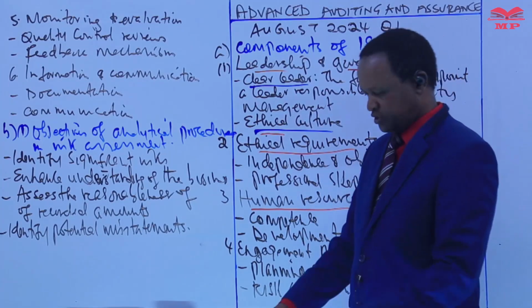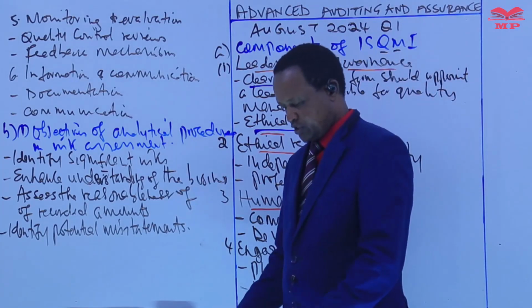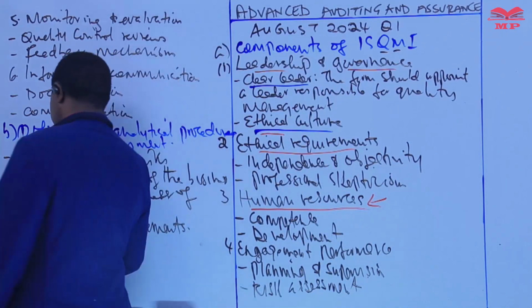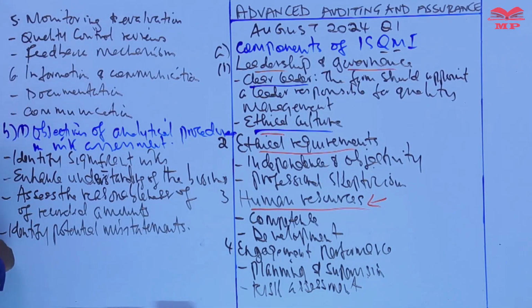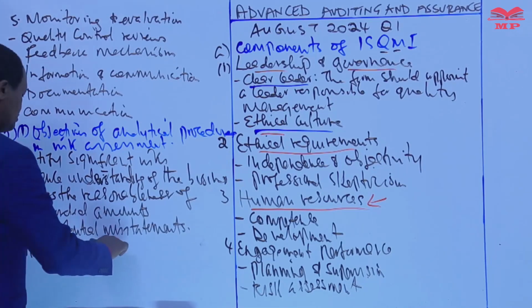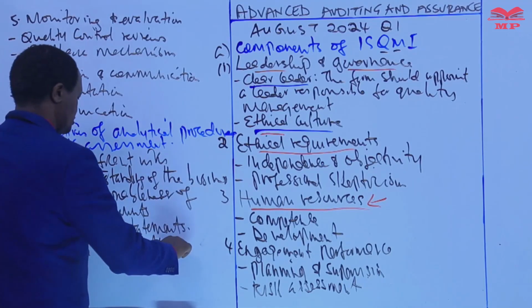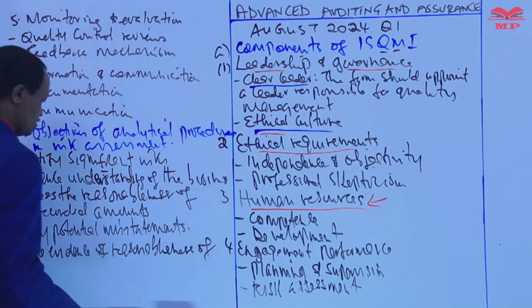So how many points are we required to give? 5. Now the fifth objective of analytical procedures is that they provide evidence of reasonableness of financial statements.